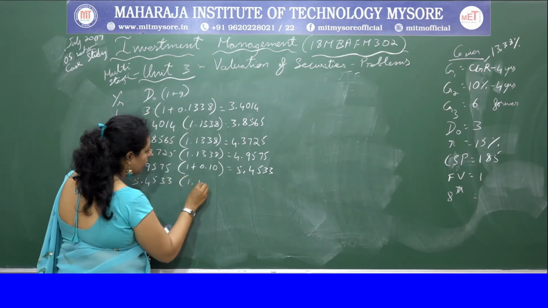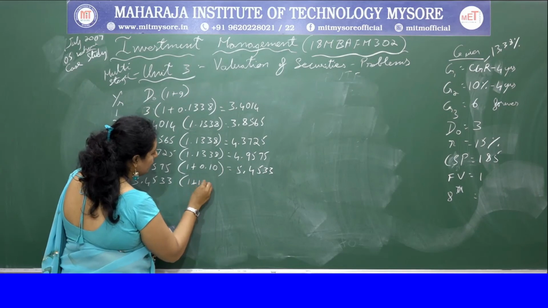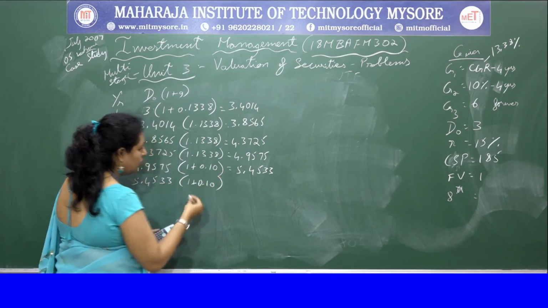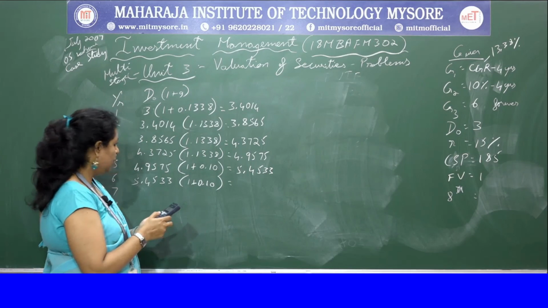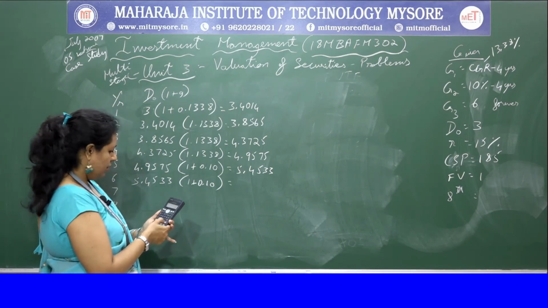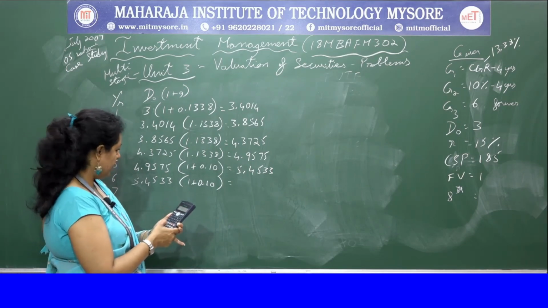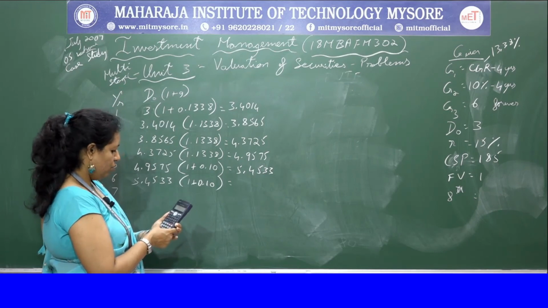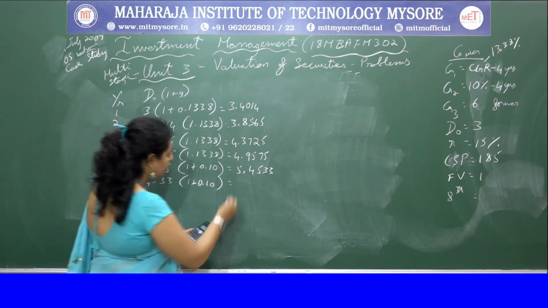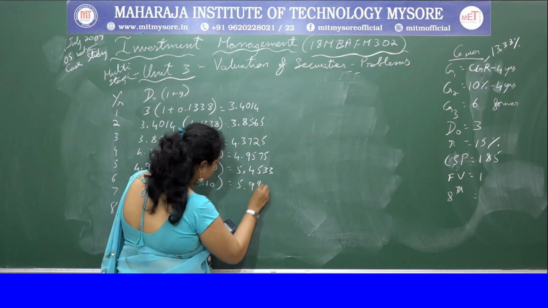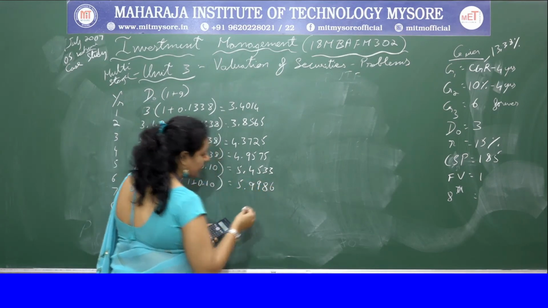5.4533 into 1.1 plus 0.10, that is 5.4533 into 1.1, you get 5.9986.